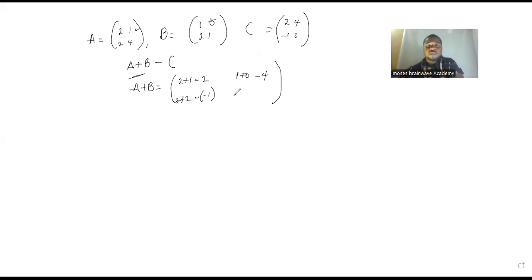Then we have 4 plus 1, then minus 0. So this is straightforward, right? So we're going to have 1 here, minus 3 here, 5 here, and lastly, what? 5 also. Good. So this is for a 2 by 2 matrix. We can go further to do it for a 3 by 3 matrix. Now, a condition for multiplication.